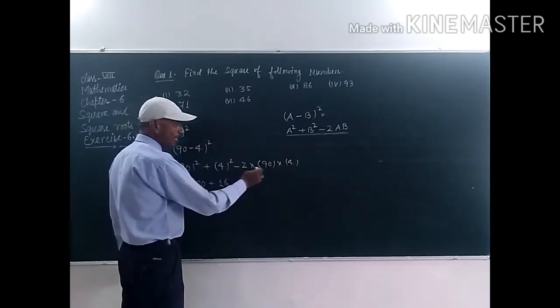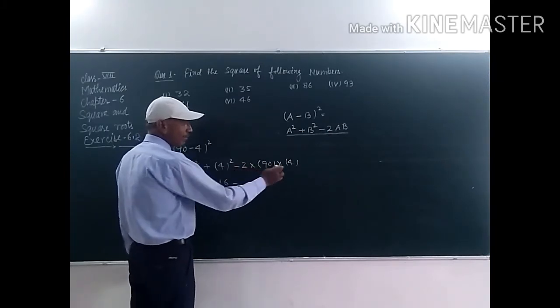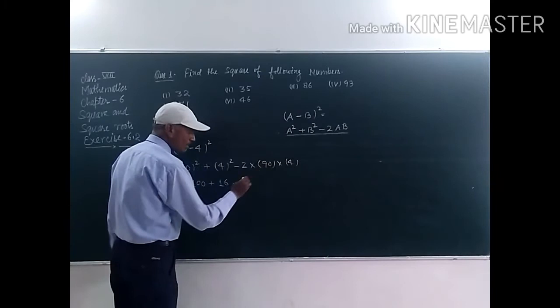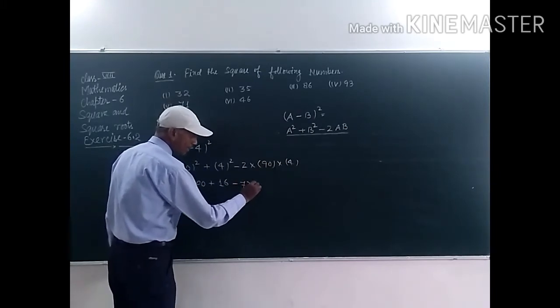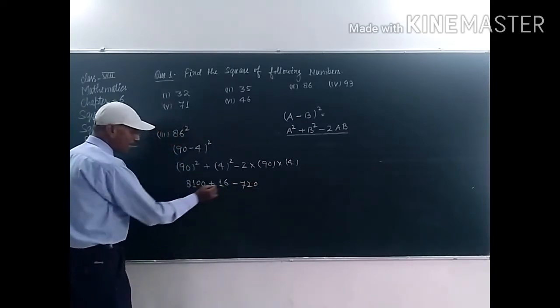Student, we have to multiply these single numbers. 2 9s are 18, 4 8s are 72 followed by 1 zero. So it will be 720. Clear student? Now we have to add these numbers.